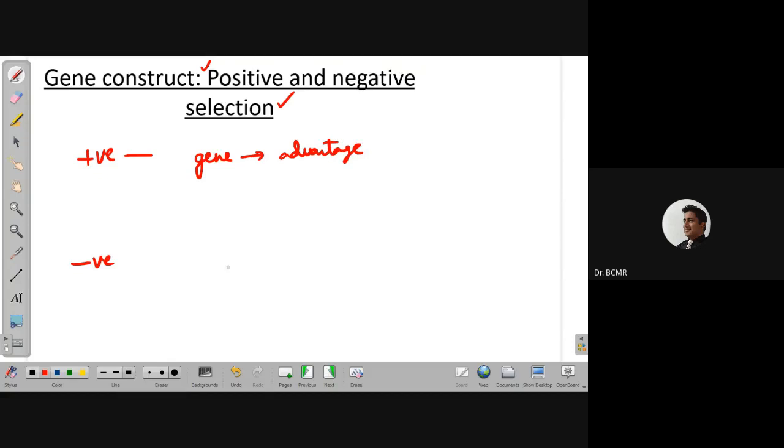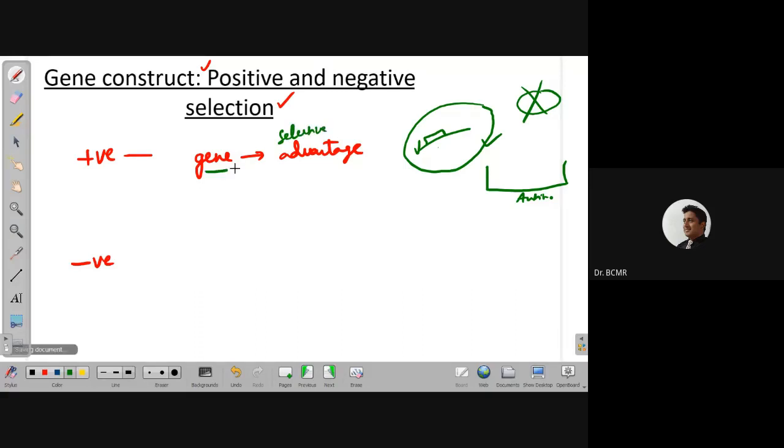For example, we have an antibiotic resistance gene in bacteria. If we grow these bacteria in the presence of that antibiotic, only these cells will grow, and those cells that do not have the gene for resistance would die. So here the gene is conferring a growth advantage in the presence of antibiotic, or selection basically. You can also call it a selective advantage.